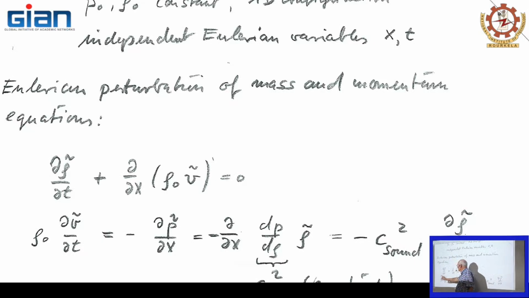So we have d rho tilde by dt, because rho naught is time independent, plus the divergence, which now reduces simply to a derivative with respect to x, of the product of density times velocity. In the stationary organ pipe, the velocity is 0, so velocity is itself a first order quantity, so we only need to multiply it with the stationary value.